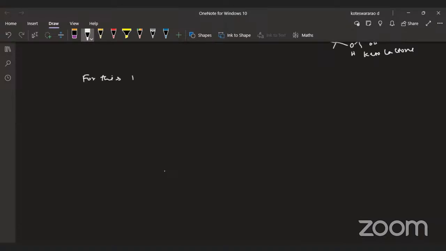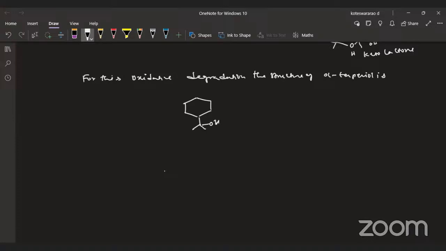from this oxidative degradation. The structure of alpha terpinol is this.